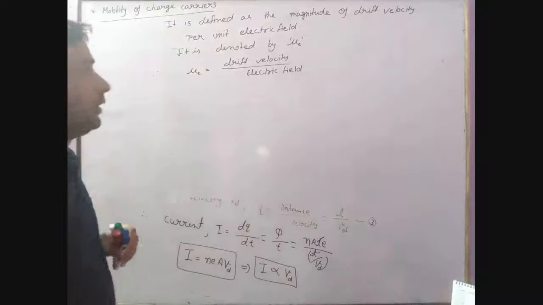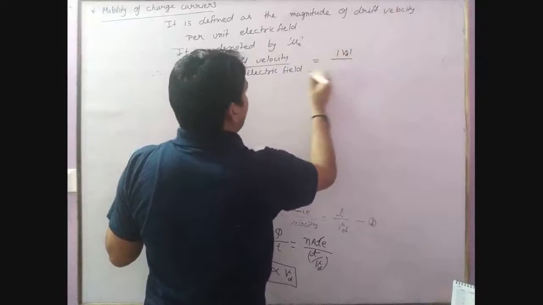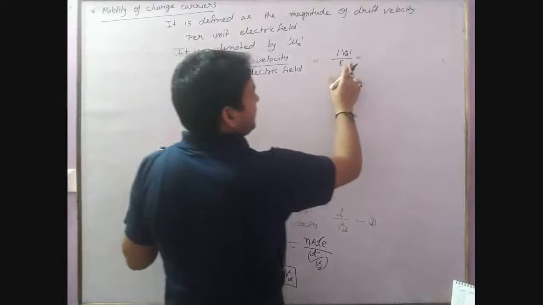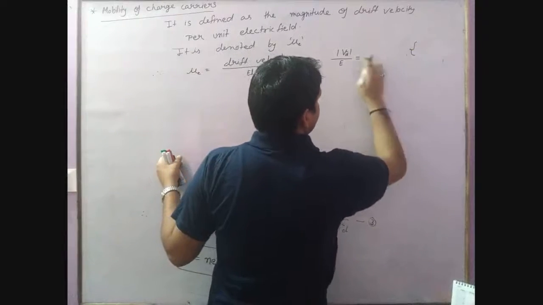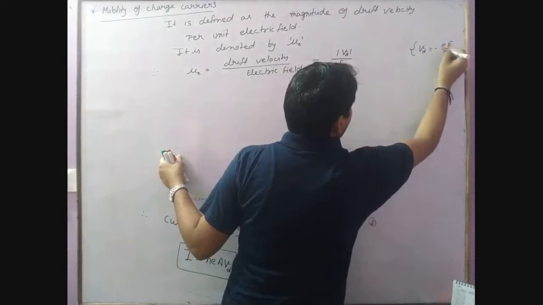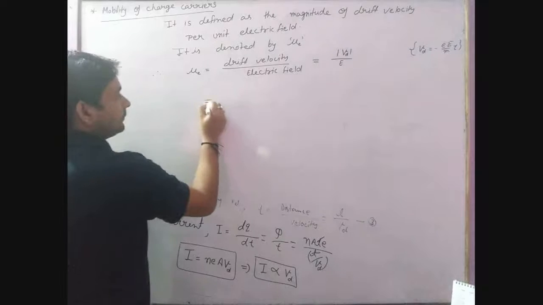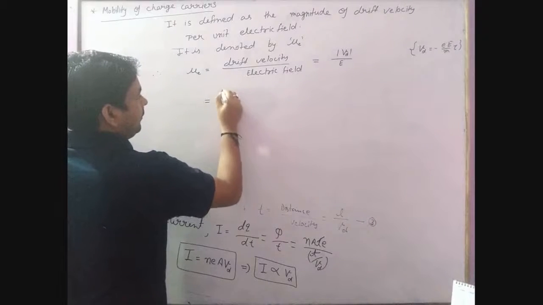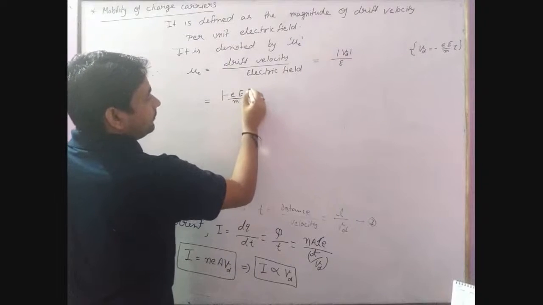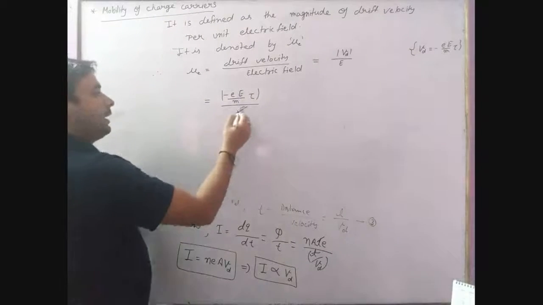Now drift velocity is taken as Vd upon electric field E. In the last class you have derived the relation for the drift velocity as Vd is equal to minus E upon m tau. Now put the relation, so this will be minus E tau upon m, upon E. Now you can easily find that E is cancelled.